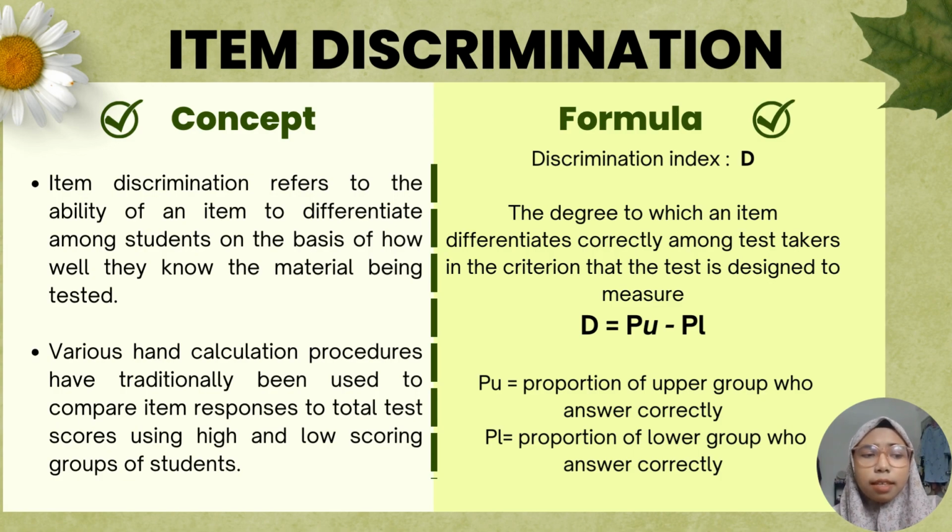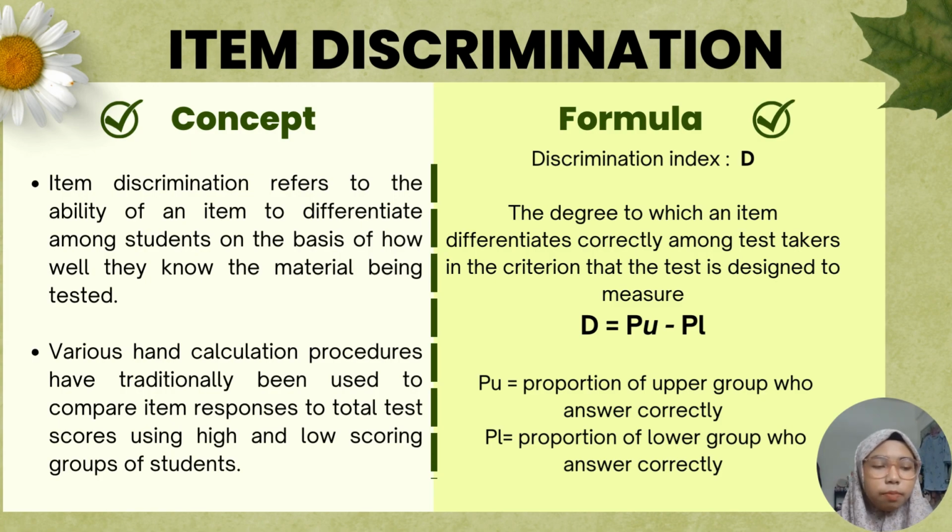It is the extent to which items discriminate among trainees in the high and low groups. The total test and each item should measure the same things. High performers should be more likely to answer a good item correctly, and low performers more likely to answer incorrectly.